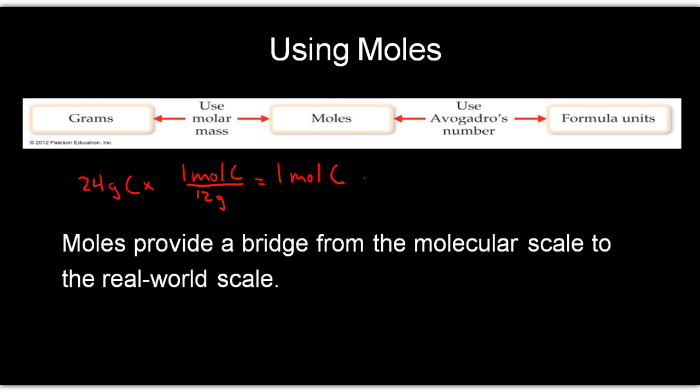And then I could use Avogadro's number if I wanted to, and say, okay, that's going to be 6.02 times 10 to the 23rd, and that's going to be over, again, 1 mole. The nice thing that we're seeing here is if you have moles, moles can take you anywhere. Or if you want to go somewhere else, go to moles, because moles is kind of like your gateway to all other types of measurements.